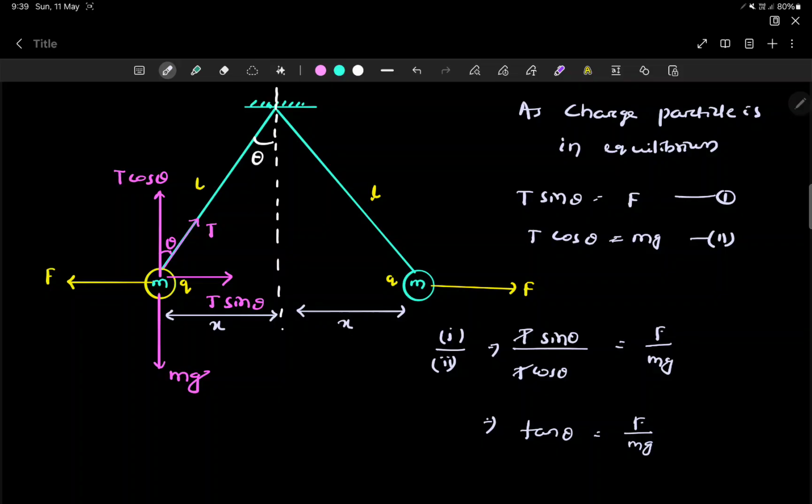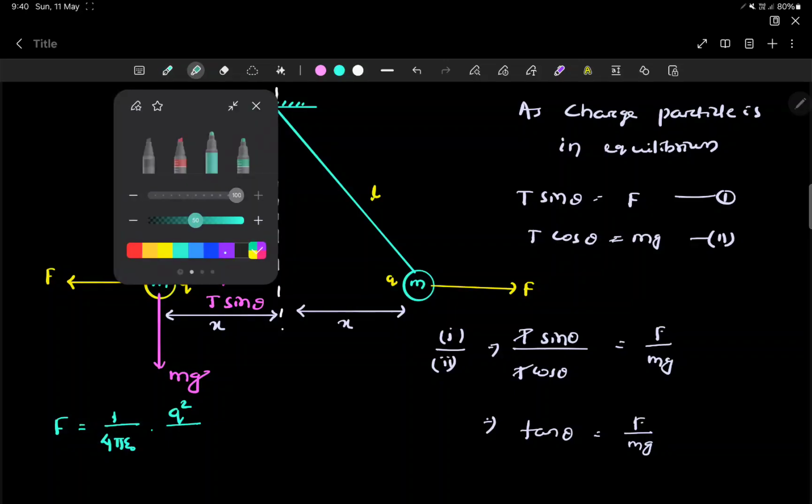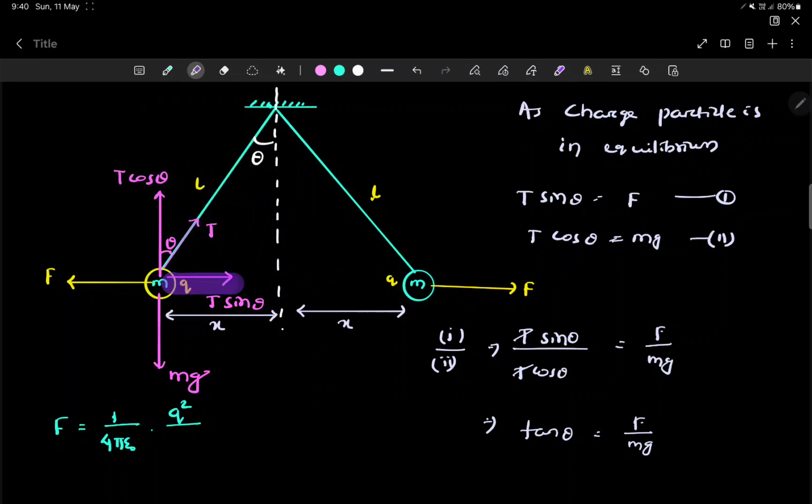So what is the F value? From this figure, the electrostatic force of repulsion is 1 by 4 pi epsilon naught into charge of first particle q, second also q, that is q square, divided by separation squared. The separation between the two charged particles as per this figure is 2x, so 2x whole square.